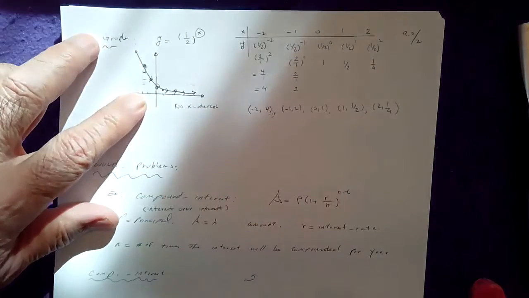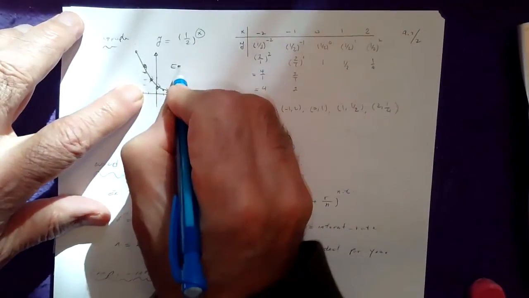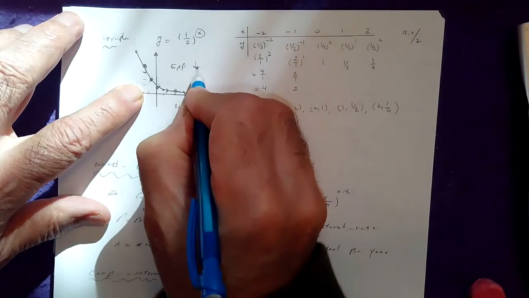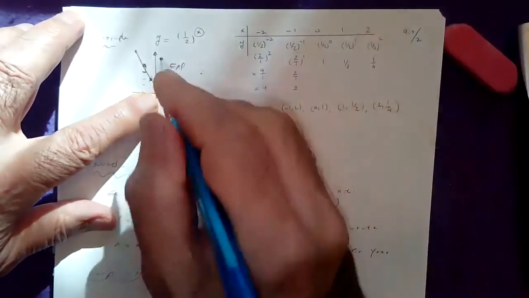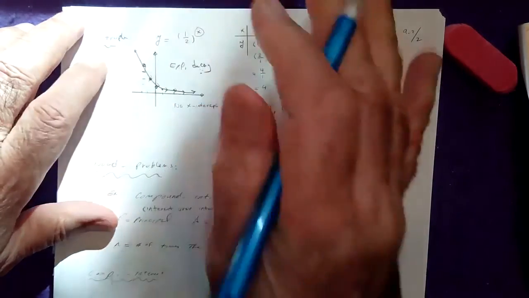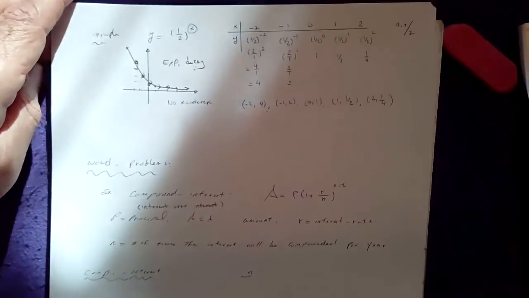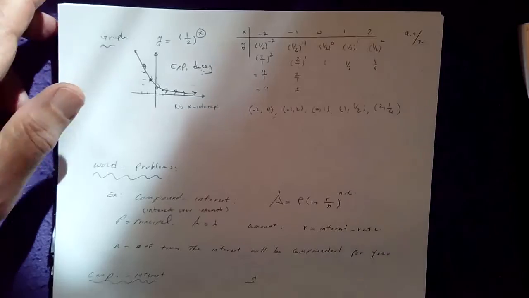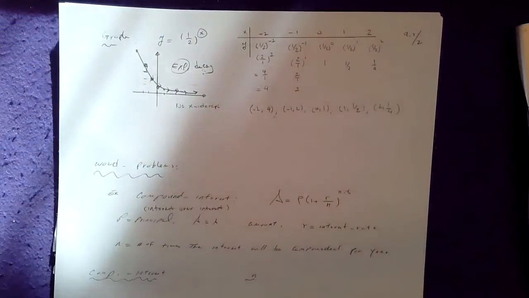As you go from left to right, notice the graph falls. And we call this kind of graph exponential decay. All right? So this is the fastest decrease in any function you can get your hands on. So the word exponential means fastest.